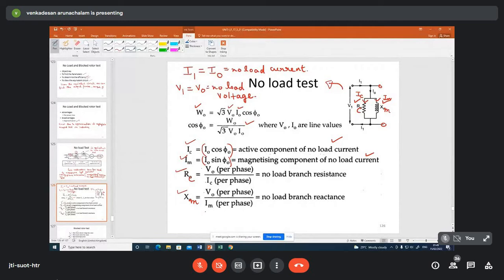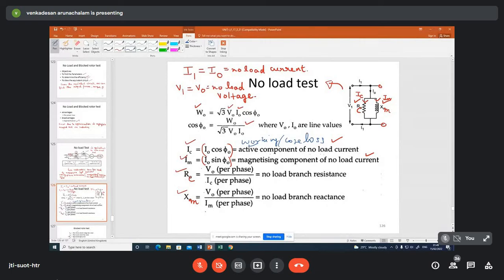Now what is my IC? That is the current flowing in the core resistance, I0 cos phi 0. What is IM? IM is I0 sin phi 0. Very similar to the transformer. So this is the active component or working component or core loss component. This is the magnetizing component.